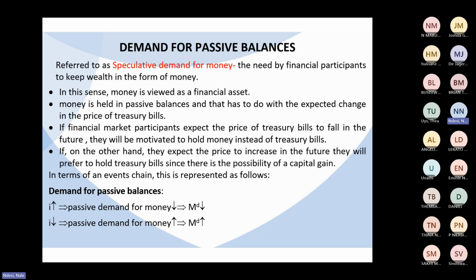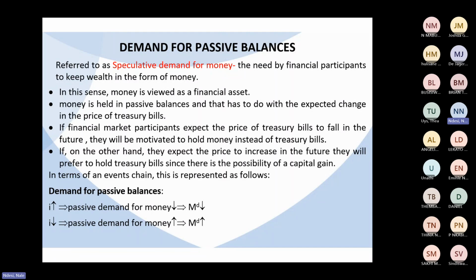Sometimes the financial participants wish to hold money, not because of doing active transactions, but because of the need to keep their wealth in the most liquid asset there is, so they prefer to keep their wealth in terms of money. Hence, the speculative demand for money stems from the store of value function of money.